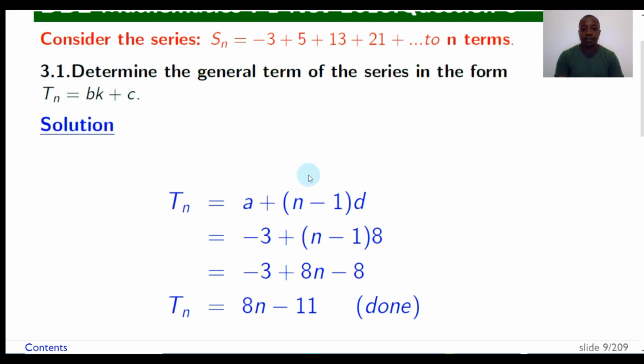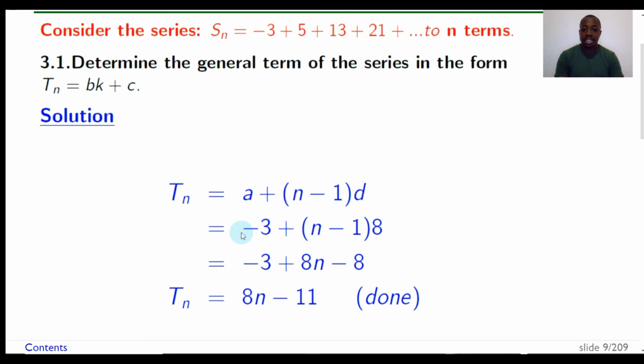So let's do it. We know that a is representing the first term. In this series that you are seeing here, the first term is -3. That's what I'm substituting here. And the n is remaining n because we are finding the general, the nth term. But d, the common difference, we said it's 5 minus -3 here, you get 8, or it's 13 minus 5, it's still 8.